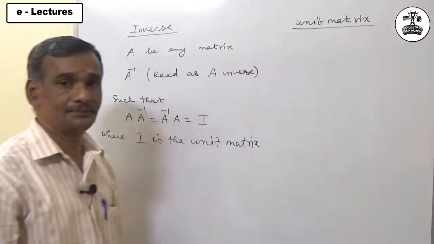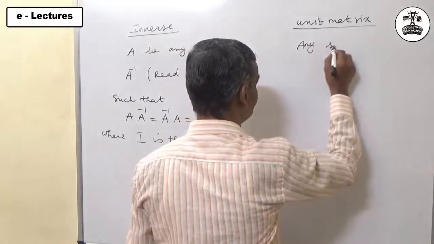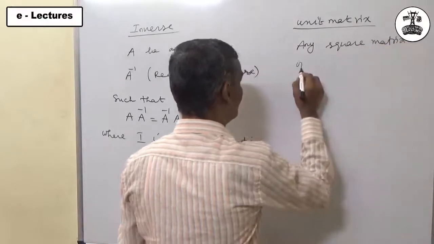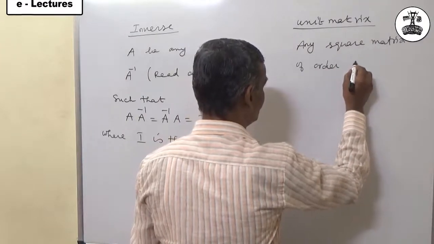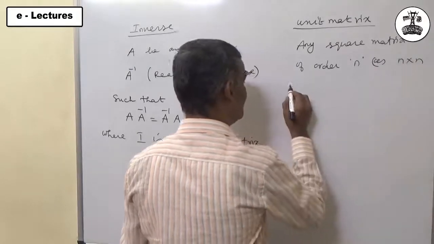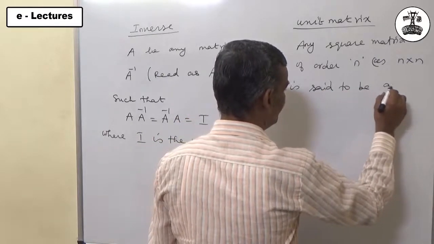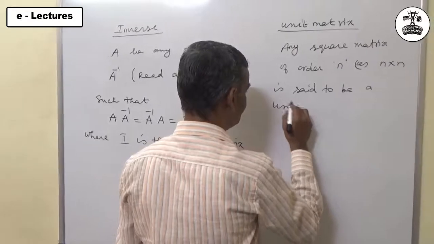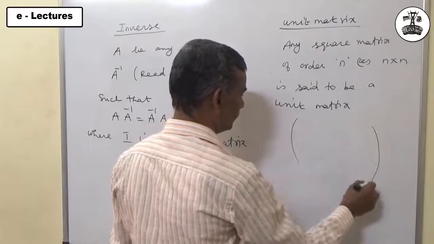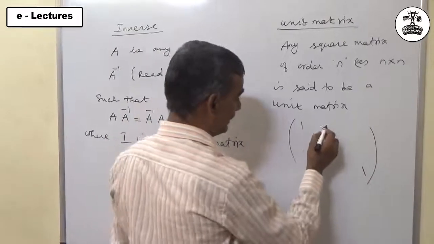So unit matrix. Any square matrix of order n, that is n cross n, is said to be a unit matrix if all the diagonal entries are 1 and all other entries are zeros.